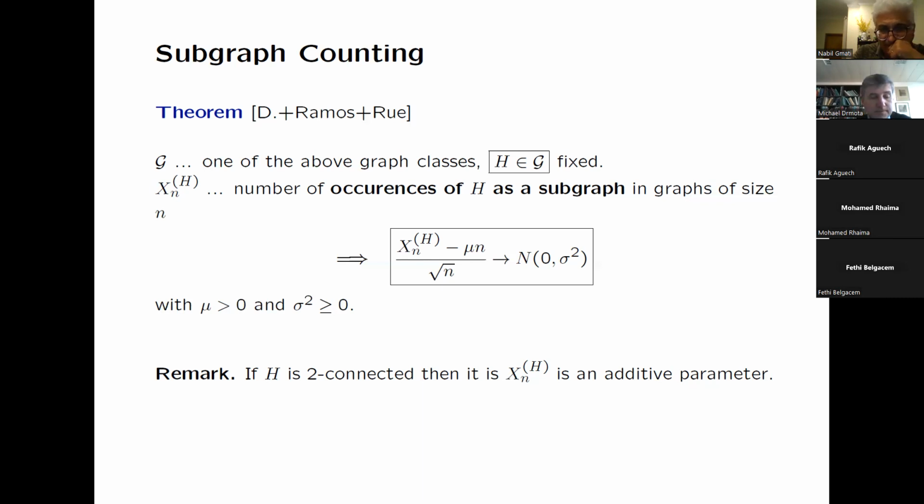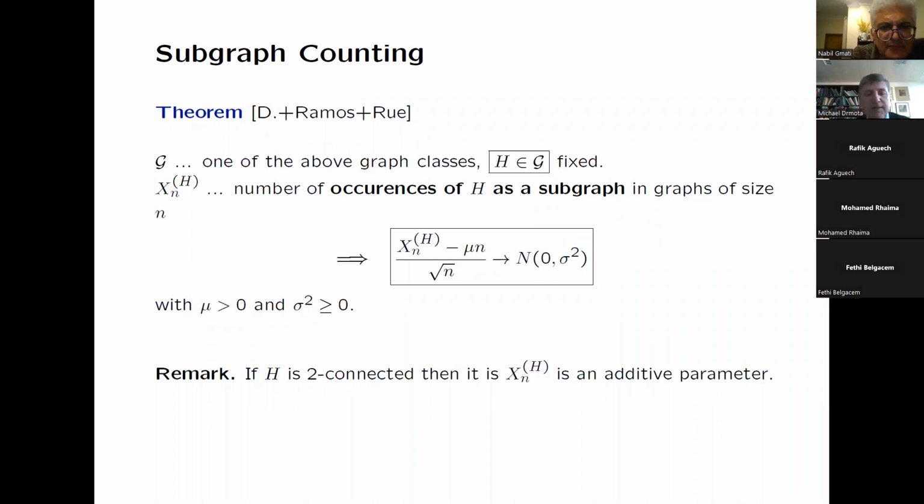In this slide, how does the coefficient mu depend on the subgraph H? So you have the subgraph H, and you have some constant mu.